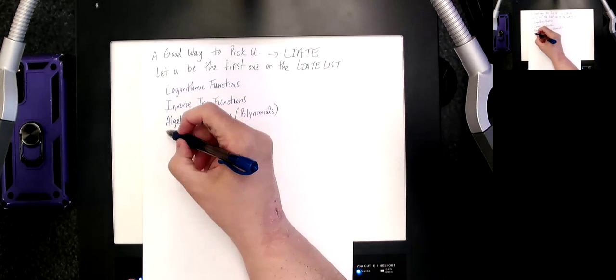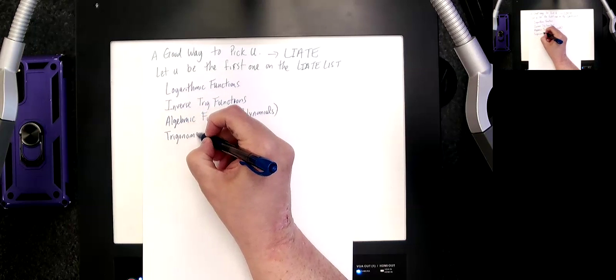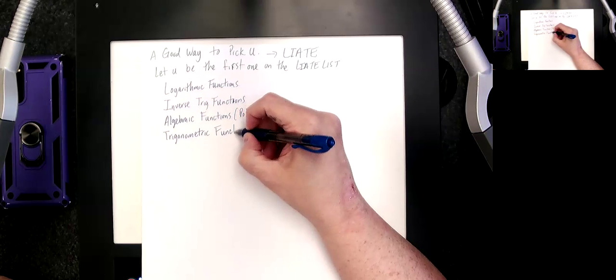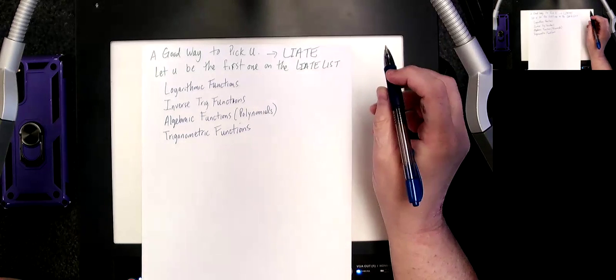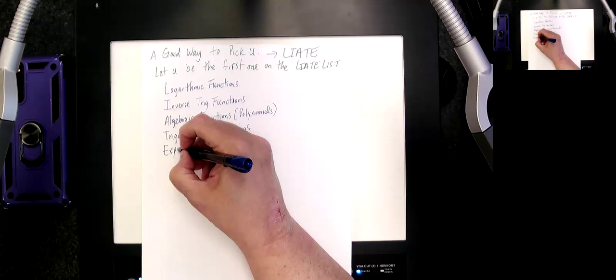T is for trig functions. Trigonometric. Any idea what E would be for? Exponentials. Yeah, that's the last one we haven't talked about yet.